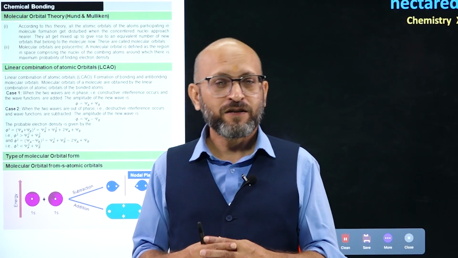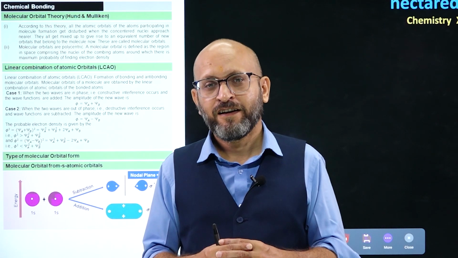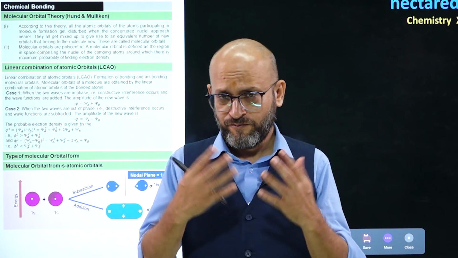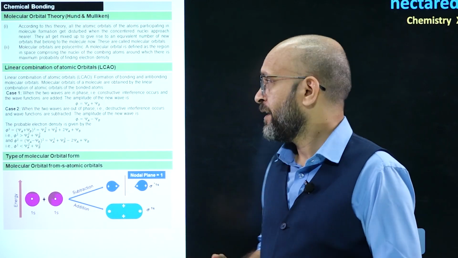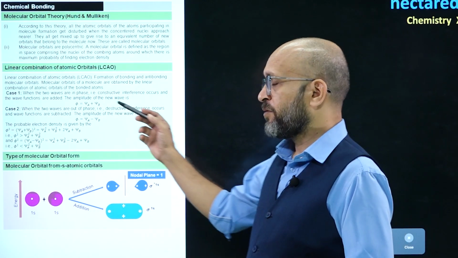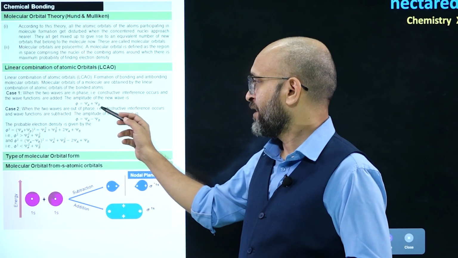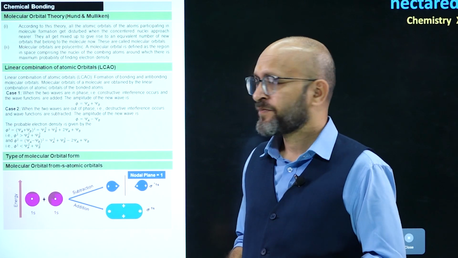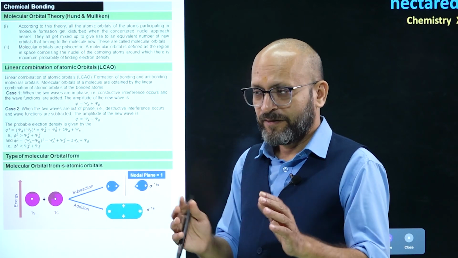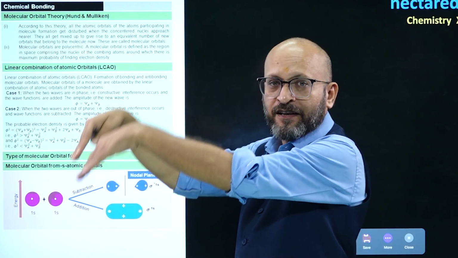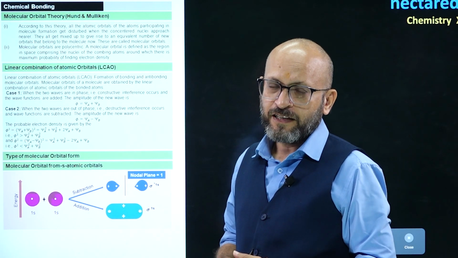Because quantum mechanics says that electrons are in wave form when they are traveling, right? So when atomic orbitals combine in phase, the amplitude is the summation, psi a plus psi b.